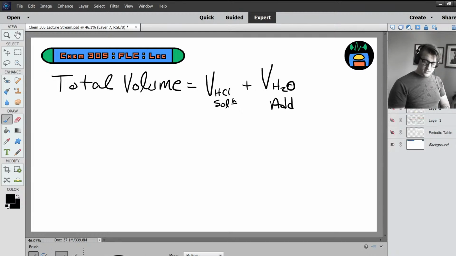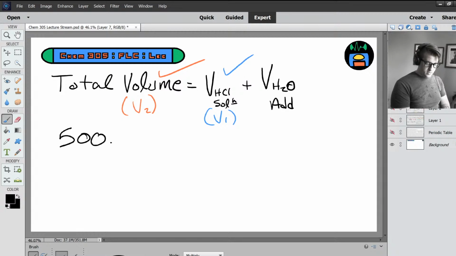And we know this one because it's our final volume, and we know this one because it's our initial volume, right? So we have 500.0 milliliters, that's our total volume, is equal to our 97.7 mils plus the volume of water added.